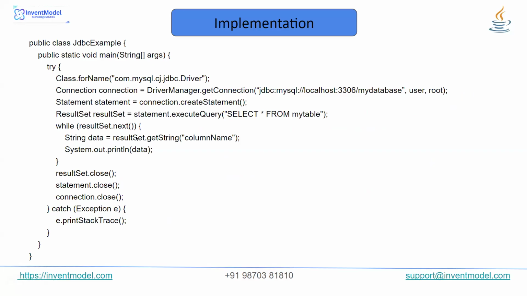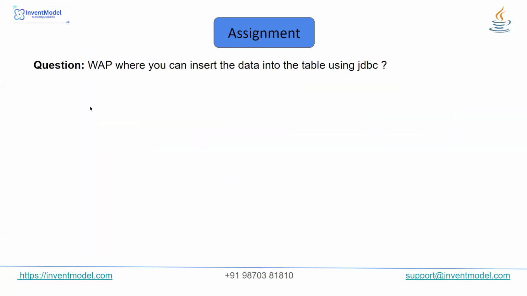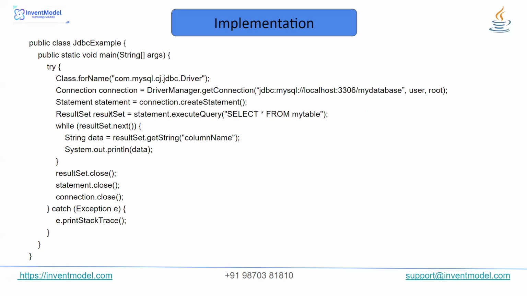And here you can see Class.forName for loading the driver, and creating the connection and the PreparedStatement. Here you can use PreparedStatement in place of Statement. For the result, you can use this line, and here you can use a condition according to your need.